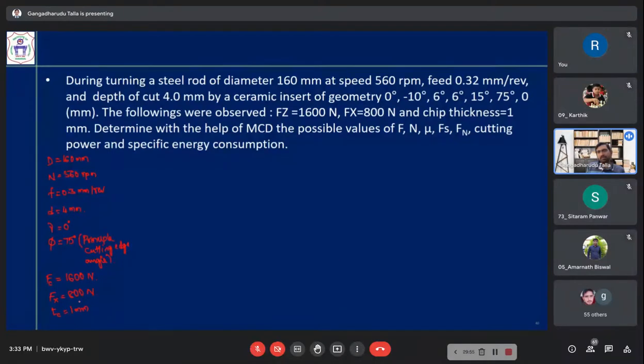So determine with the help of the Merchant circle diagram the possible values of F, N, normal force, friction coefficient, shear force, normal force, power required, or cutting power Pc, specific energy consumption. I'm not given any symbol, we can write specific energy consumption.